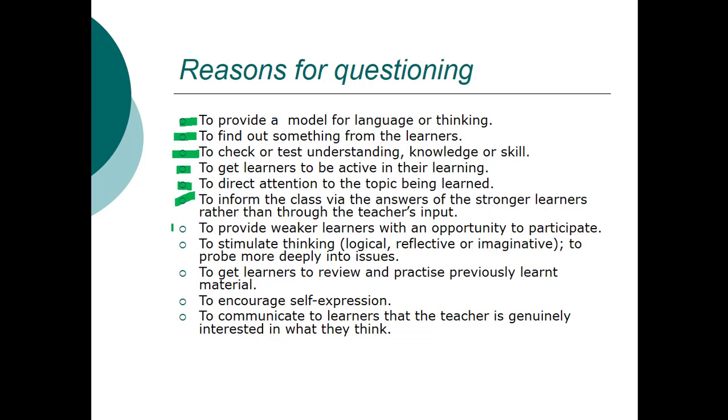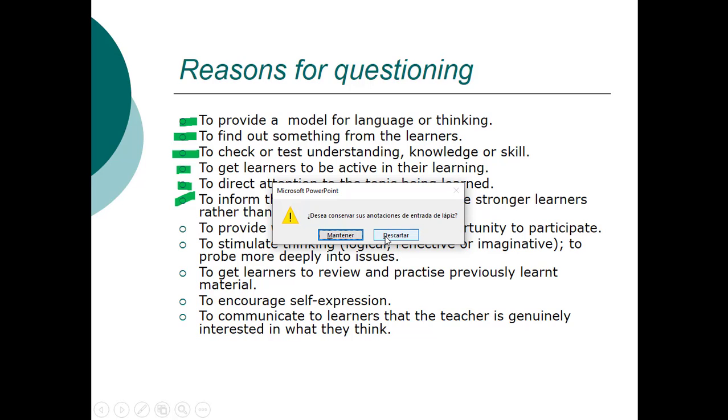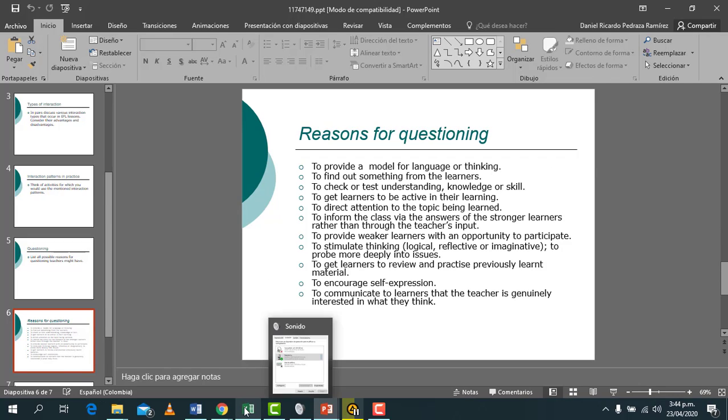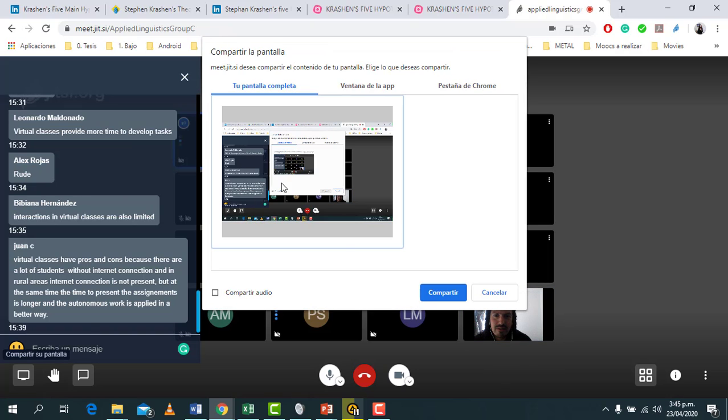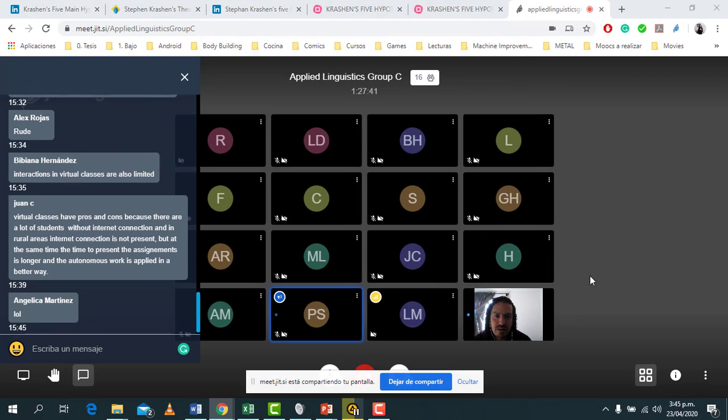Teacher, are you sharing the screen? I can't see anything. I think nobody's watching my screen. Nobody. Did you explain and we didn't see? I was sharing my screen. No, you weren't. Look for my screen.